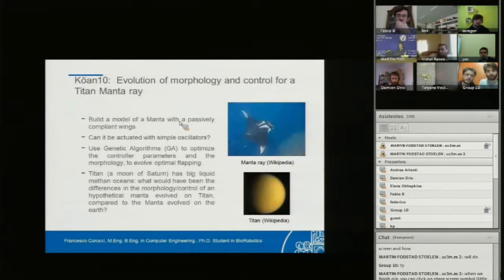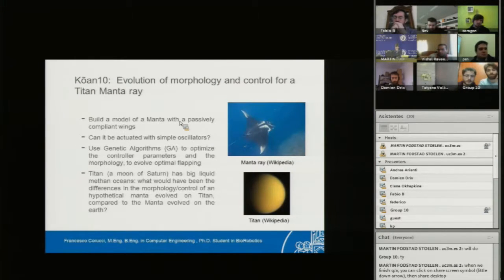So, something more about Kōan. We first had to build a model of a manta with passively compliant wings and try to actuate it with a simple oscillator. Then we tried to apply evolutionary techniques, in particular genetic algorithms, to optimize both the control and the morphology of the robot in order to evolve the optimal flapping.